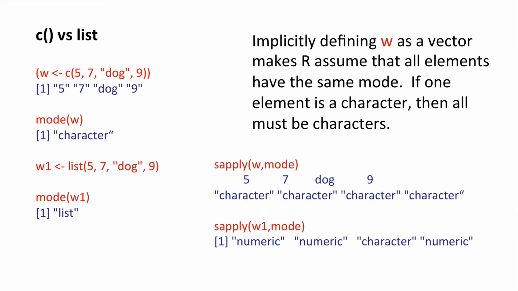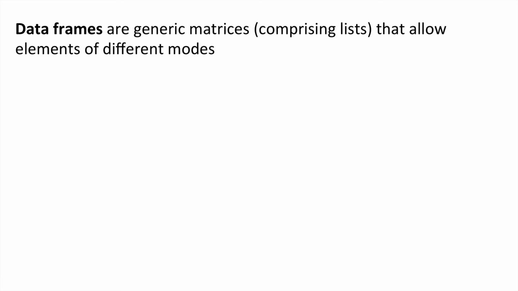So implicitly defining w as a vector makes R assume that all elements have the same mode, and if one element is a character, then all must be characters. So if you're creating data sets involving different types of variable, we use lists and data frames rather than creating them using vectors or matrices.